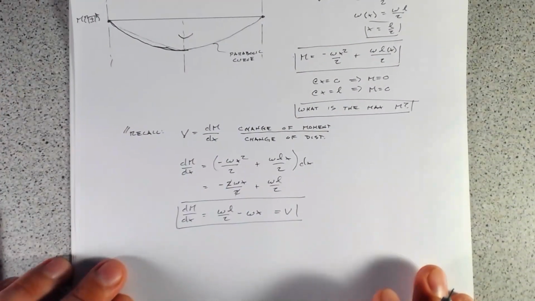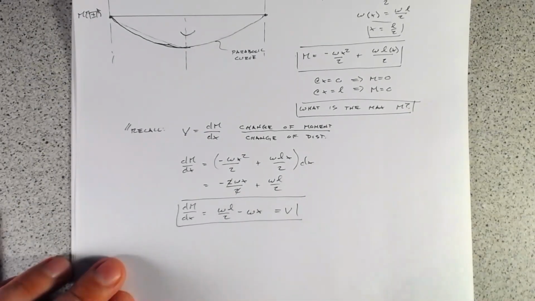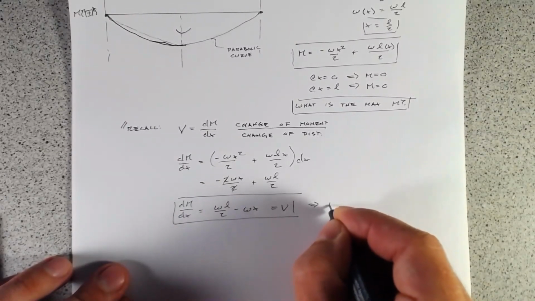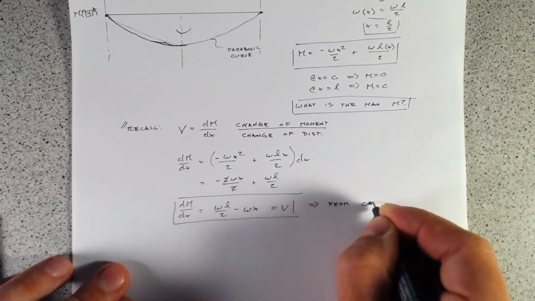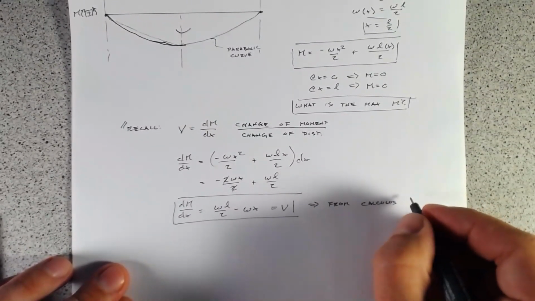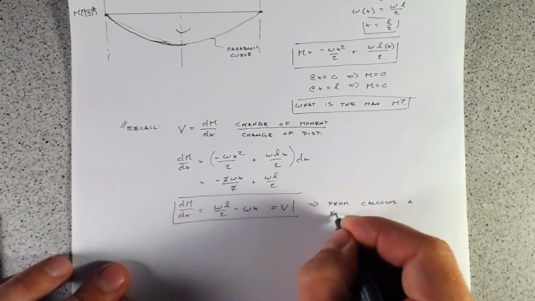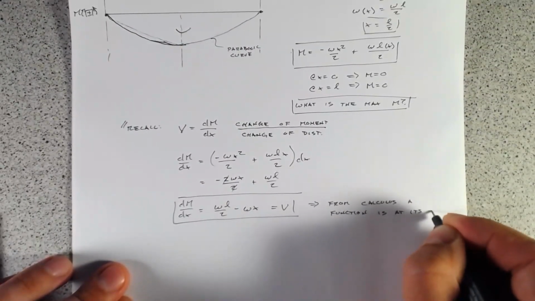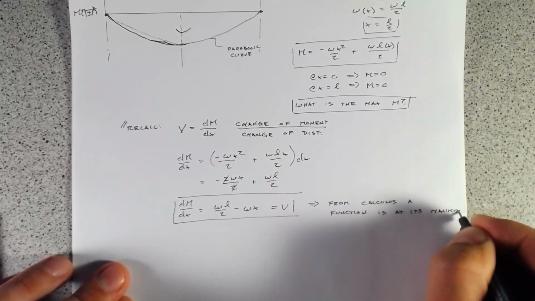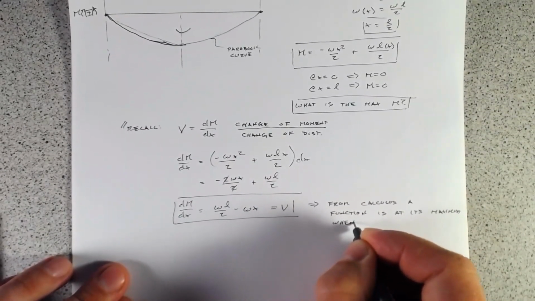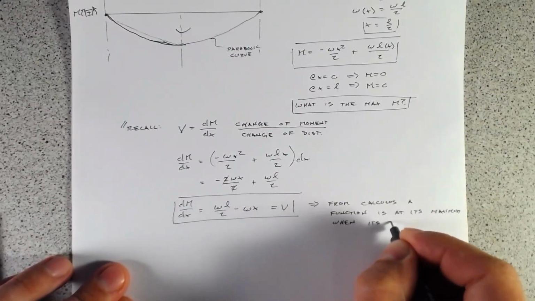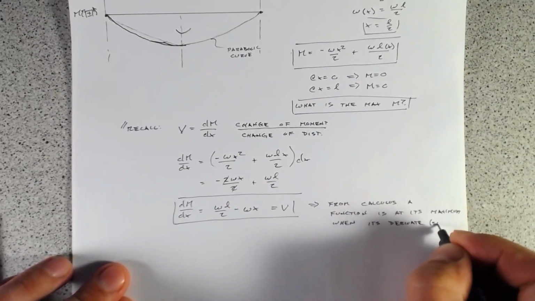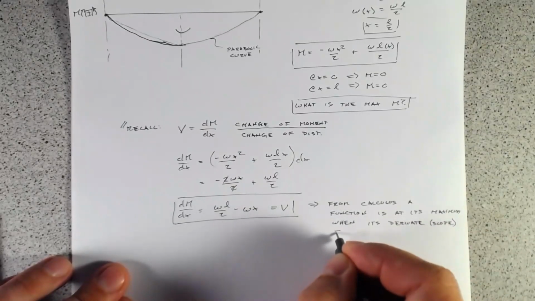So if we know that the shear force is just going to be the derivative of the moment over a small distance, we know from calculus that a function is at its maximum when its derivative, think of this as the slope, equals 0.